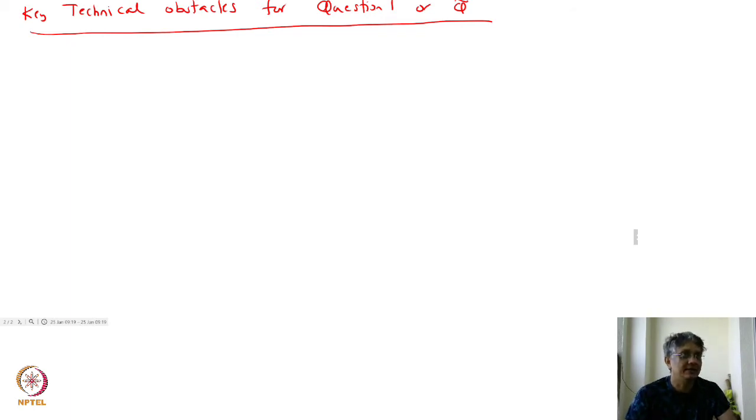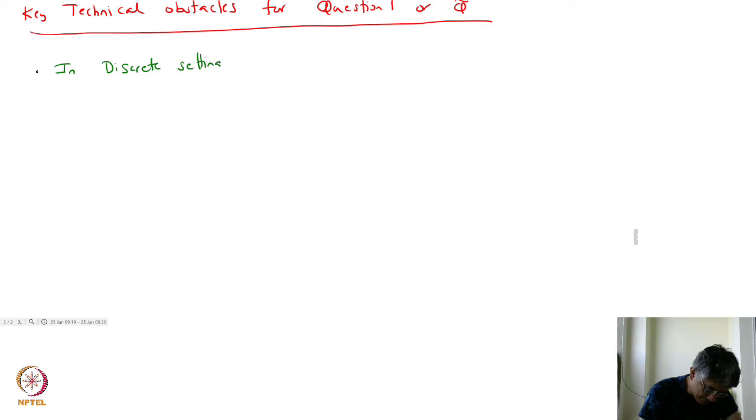So the first is that, let's go back and recall. In the discrete setting, what did uniform mean?